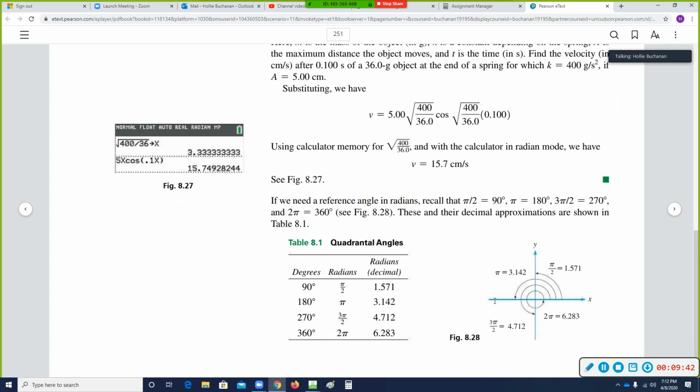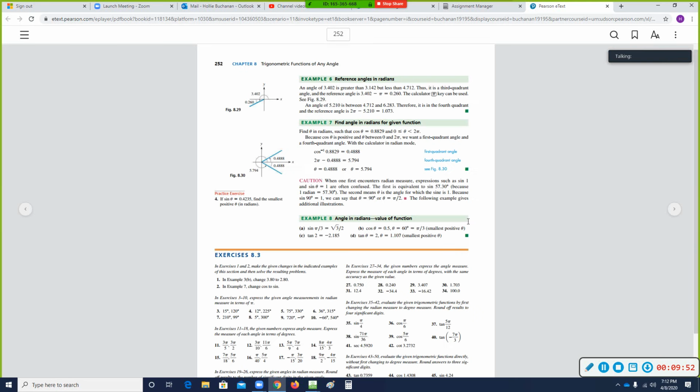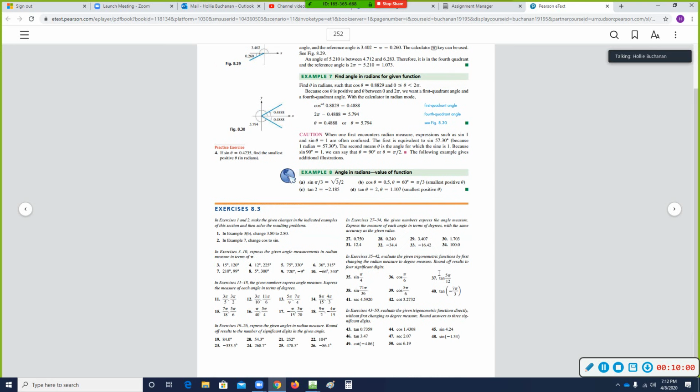This is one where we've got all 4 quadrants that we're not really going to fool with, although we will look at some graphing things later. Don't worry about reference angles.